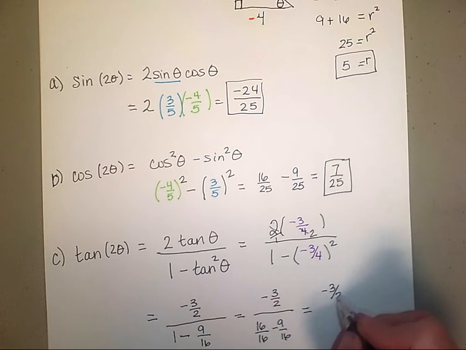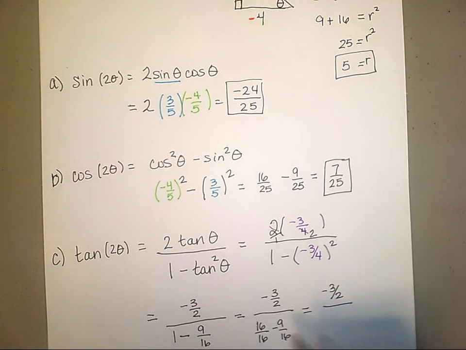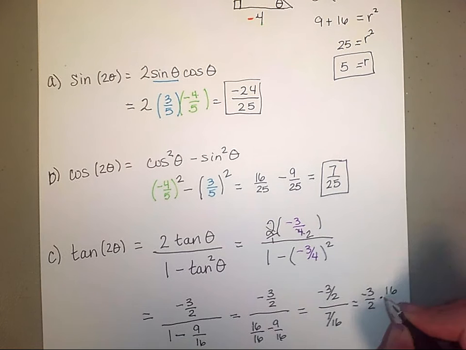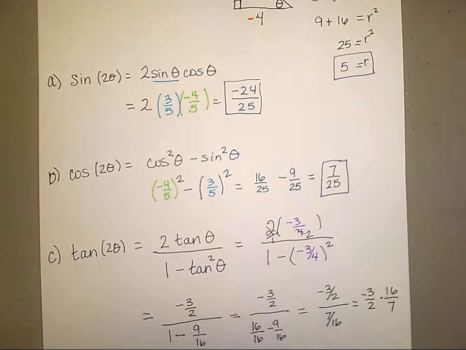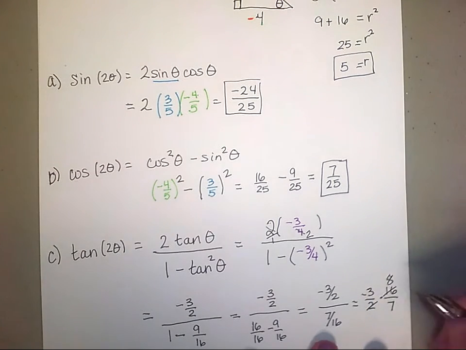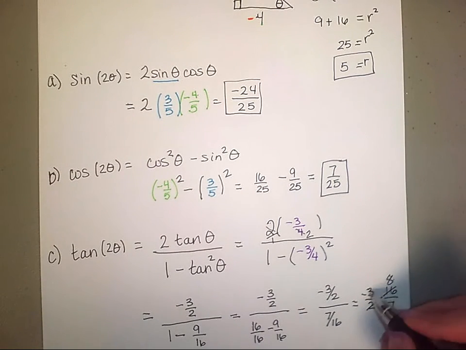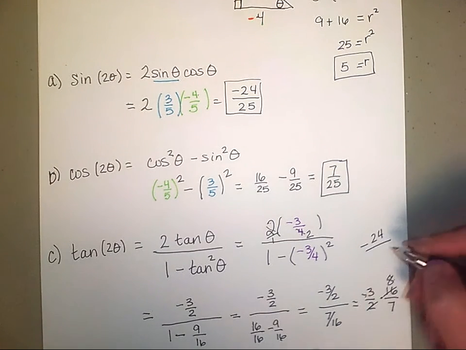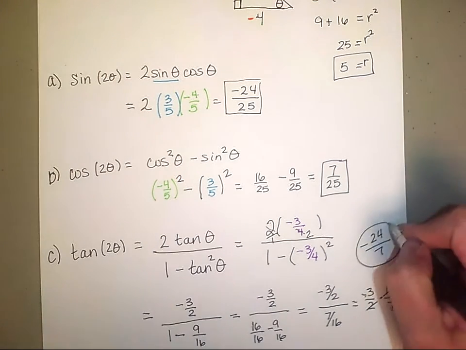Or negative 3/2 divided by 16 minus 9 is 7 over 16. Which, when we are dividing fractions, we can invert and multiply. And now we can cancel. 2 will go in here, 8. And 8 and negative 3 is negative 24 over 7.